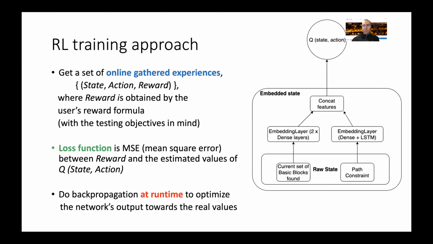And by optimizing the parameters to minimize this mean squared error, in the end, the model will learn how to put the weights on the features here to have better and better estimation over time.